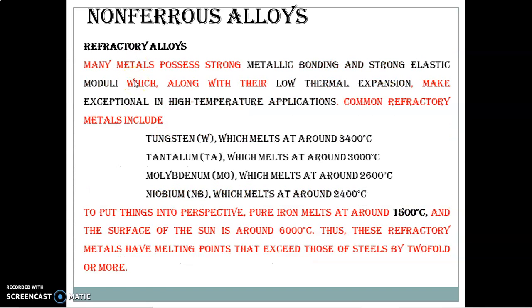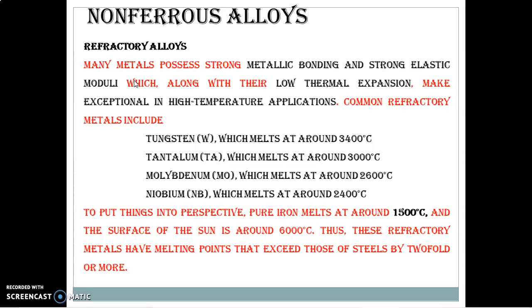The next category of non-ferrous alloys is refractory alloys. Whatever we have seen up till now, aluminium, copper, brass, bronze, and so on, these have melting temperatures of maybe less than 700 degrees centigrade, near about that. But refractory alloys are a type of alloy which are very strong.